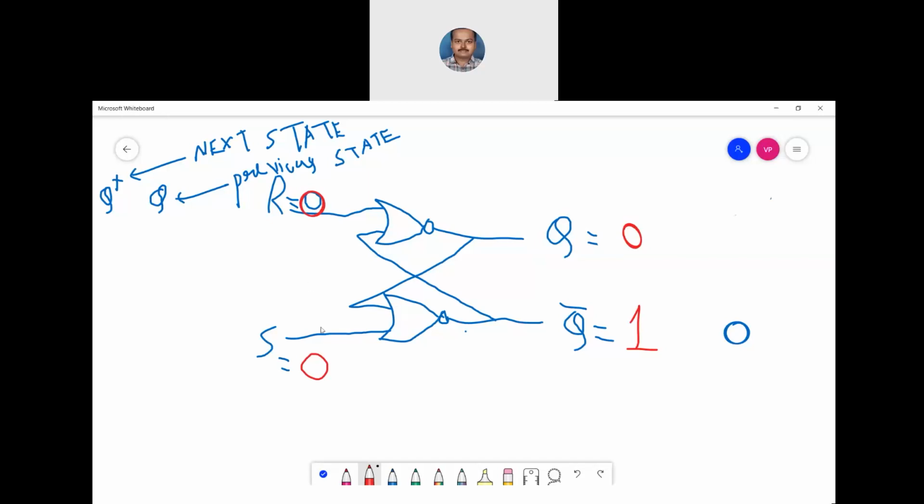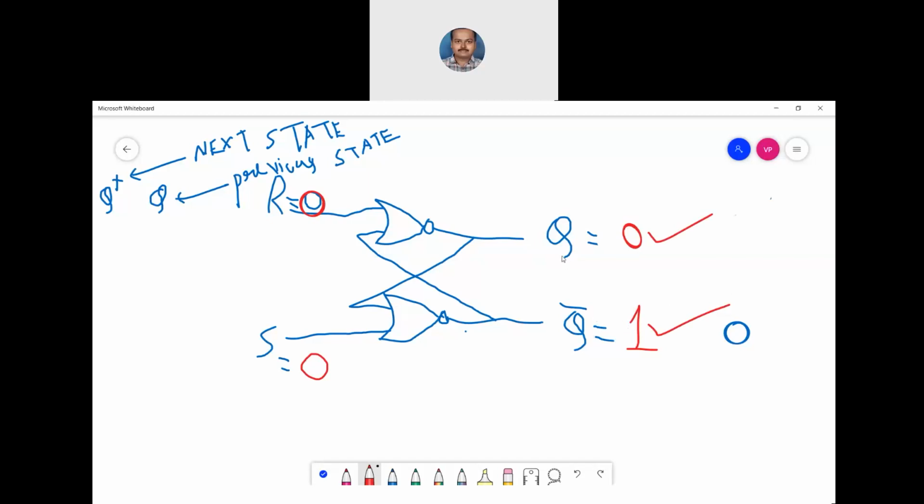For this input, whatever changes you see in the output will be our next state. When I say the next state, it means the outputs which were produced before we call the previous state. So the previous state is 0 and 1, and Q bar is 1 here.